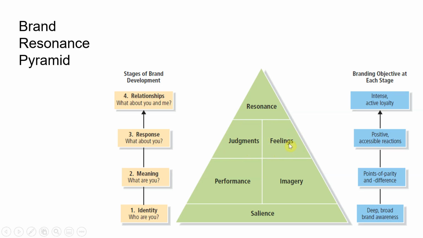So in the third step of brand response, the marketers manage elicit positive, accessible reactions. And we can reach the 4th step, the final step of building brand equity, which is brand relationship. And the building block is resonance. So in this step, marketers manage intense, active loyalty.